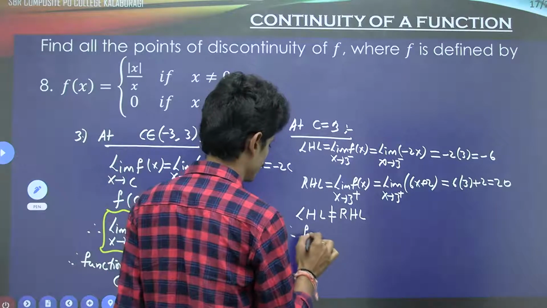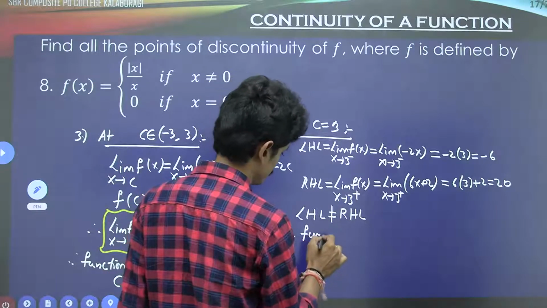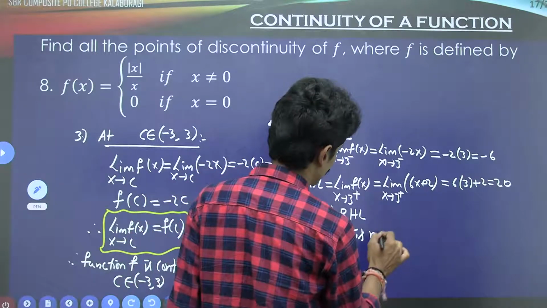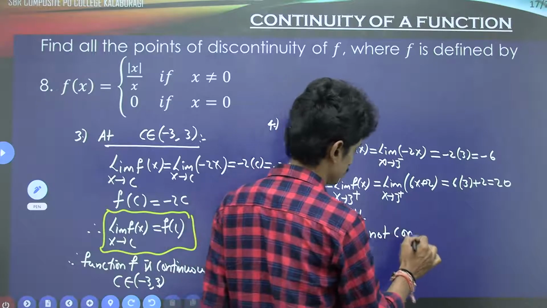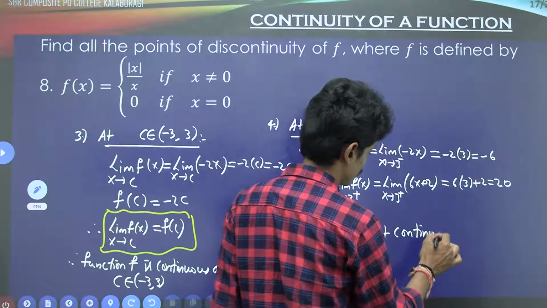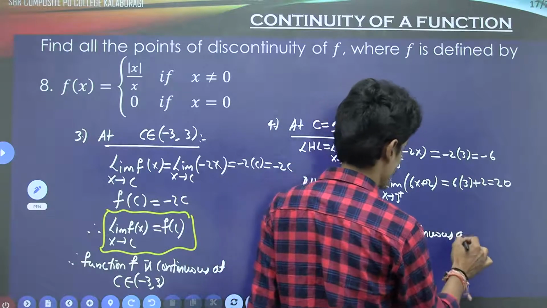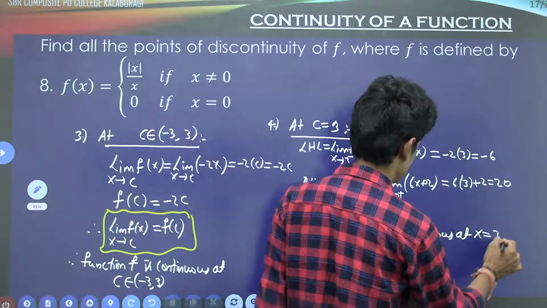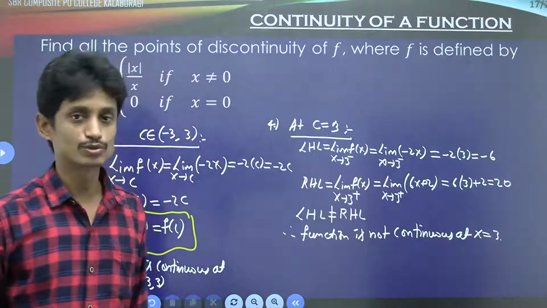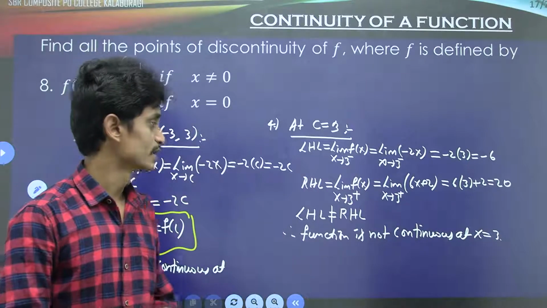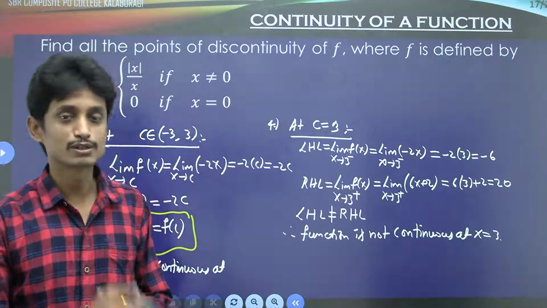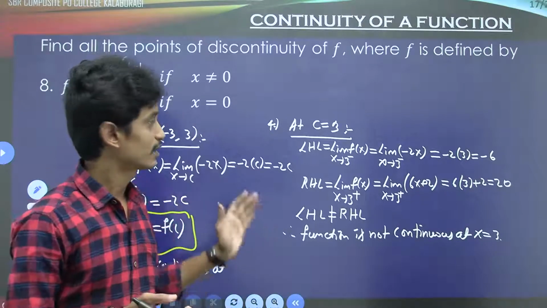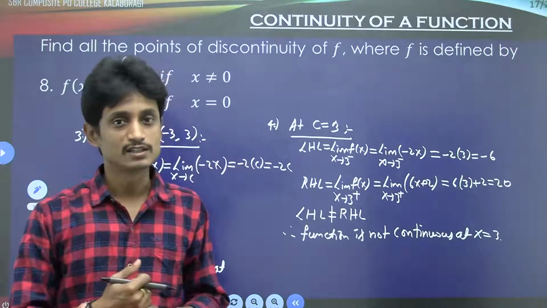The function is not continuous at x is equal to 3, because the function will break. We can also observe this by constructing the graph.